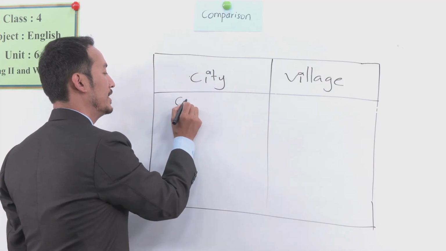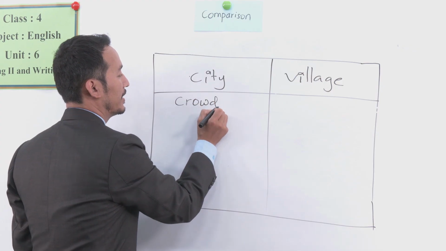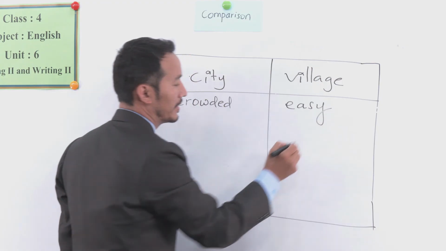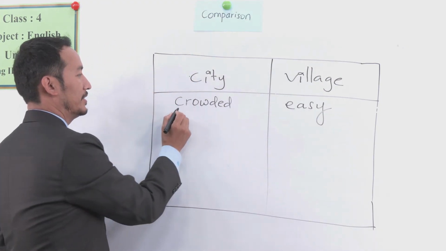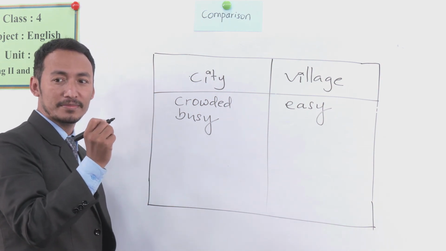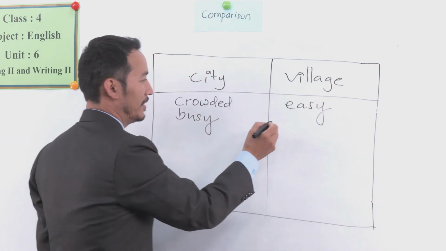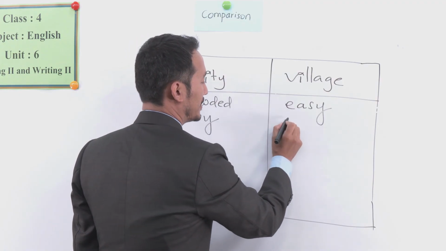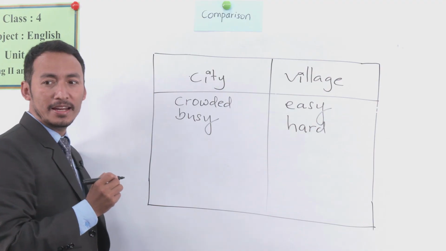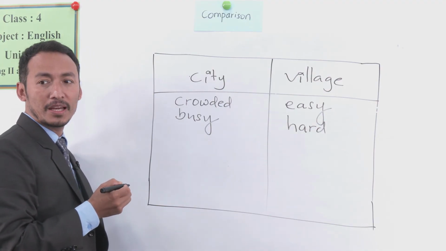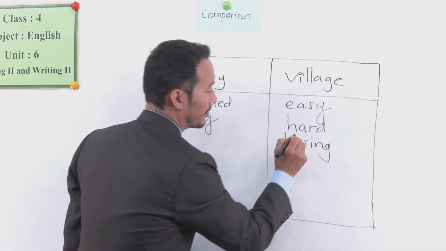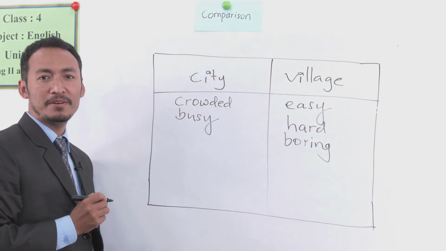For example, city is crowded, okay, crowded, and village is easy to live, and you can say city is busy, and village life it's hard to walk, and you can even say it's boring to live because there are no cinema halls.